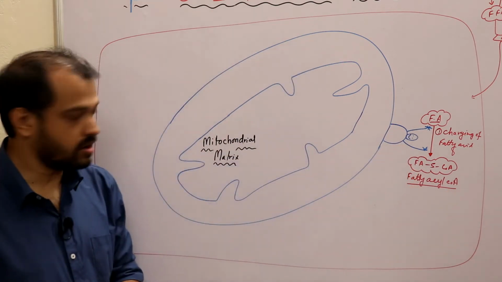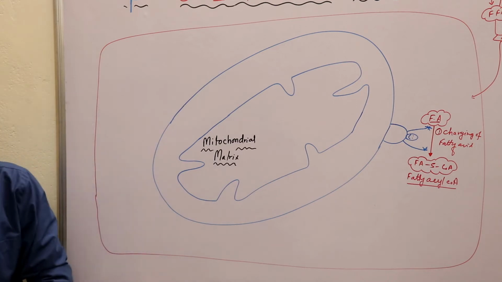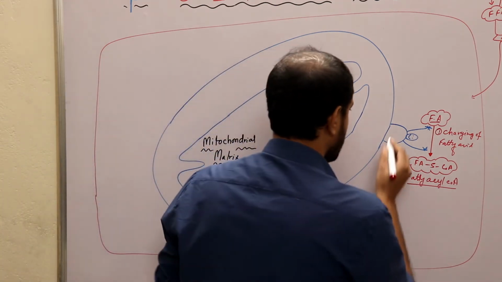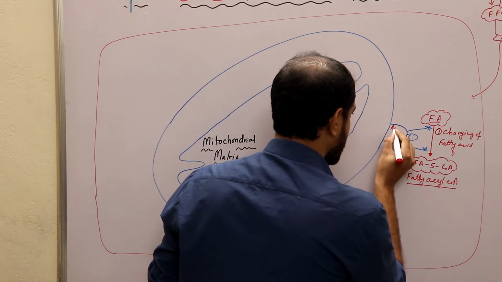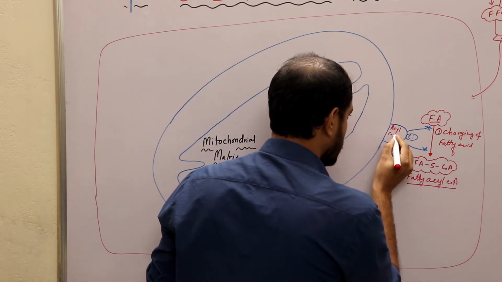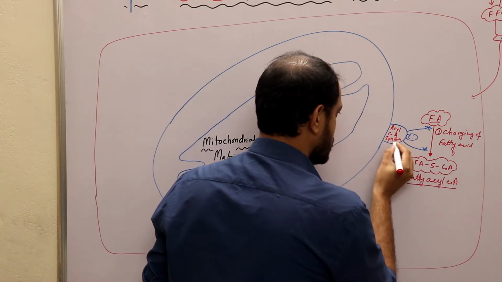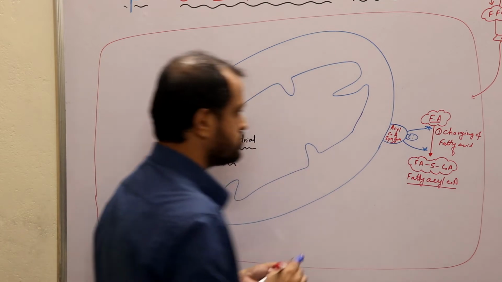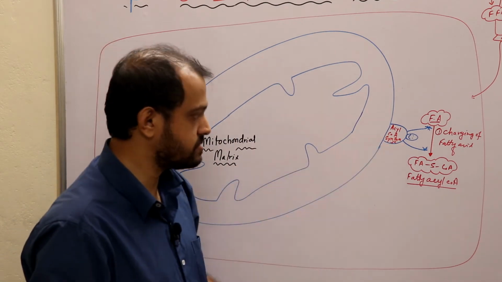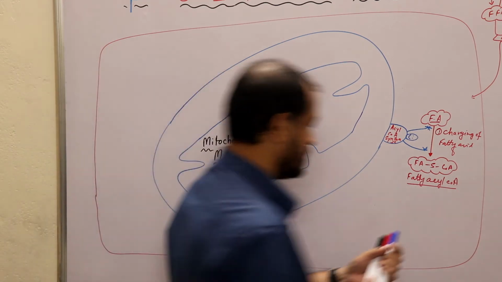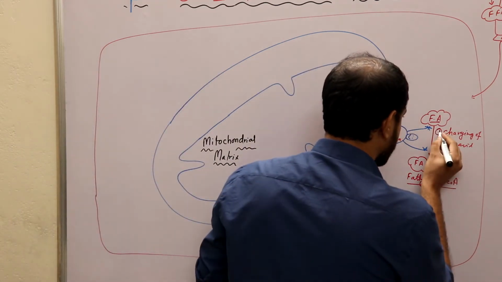Okay, now what is the name of this enzyme? It is known by the name of acyl CoA synthase. Okay, clear? So this is the first step.